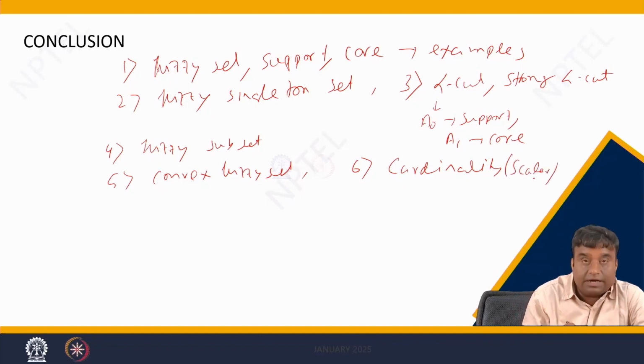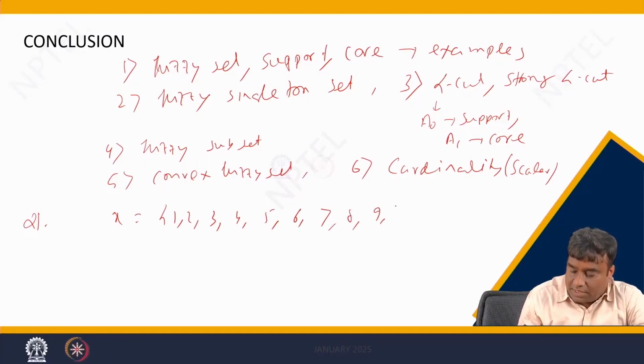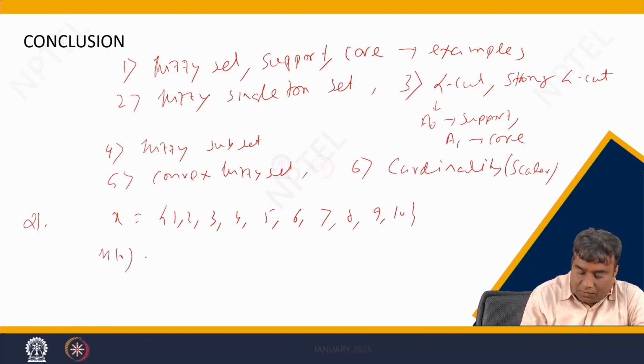So now try to solve one question. The question is: X is equal to 1, 2, 3, 4, 5, 6, 7, 8, 9, 10, and mu x equal to x by x plus 10.